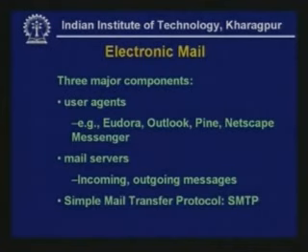And then there are mail servers, which handle the incoming and outgoing messages, and they use the Simple Mail Transfer Protocol to carry the mail from one end of the network to the other.